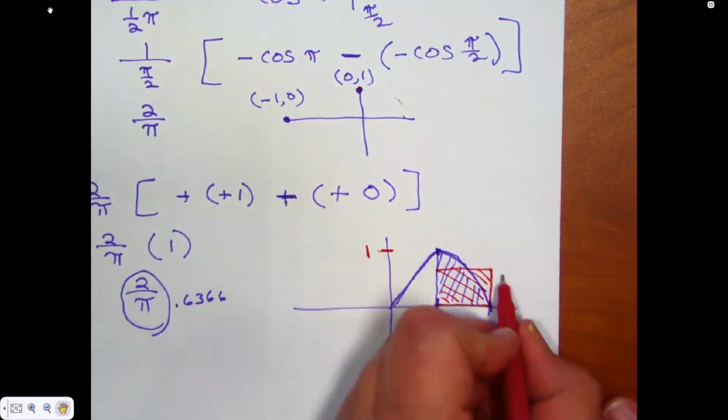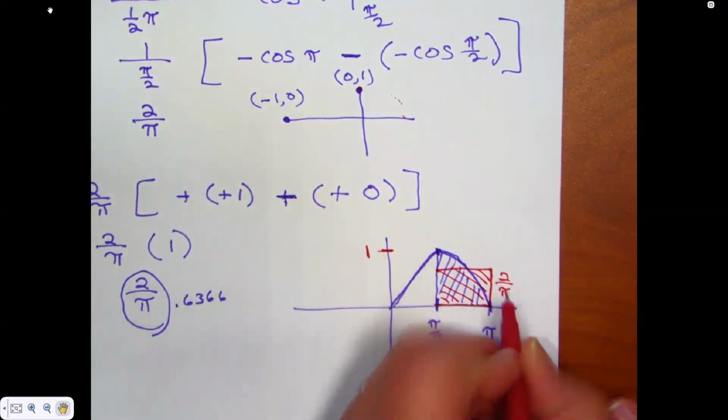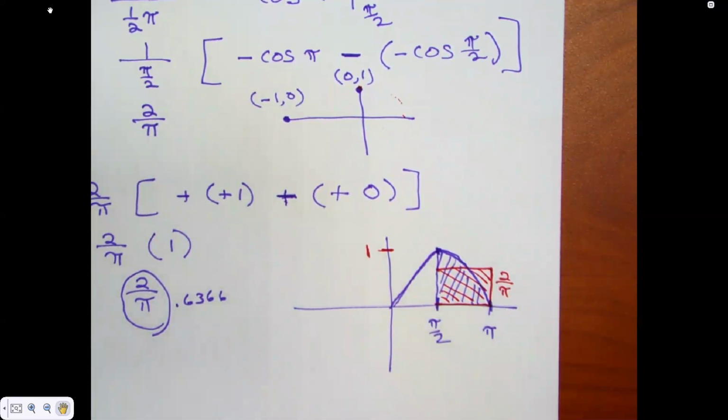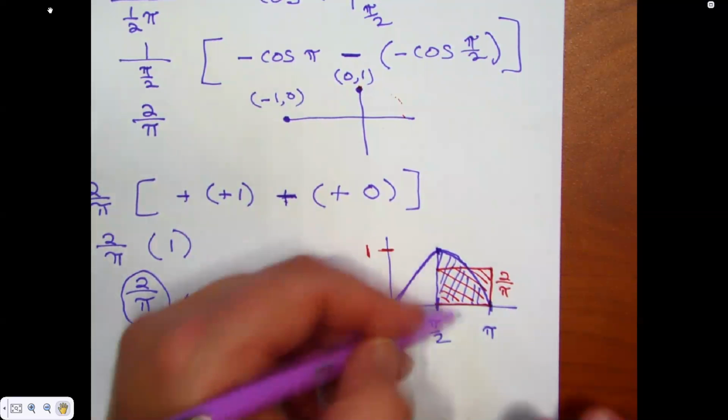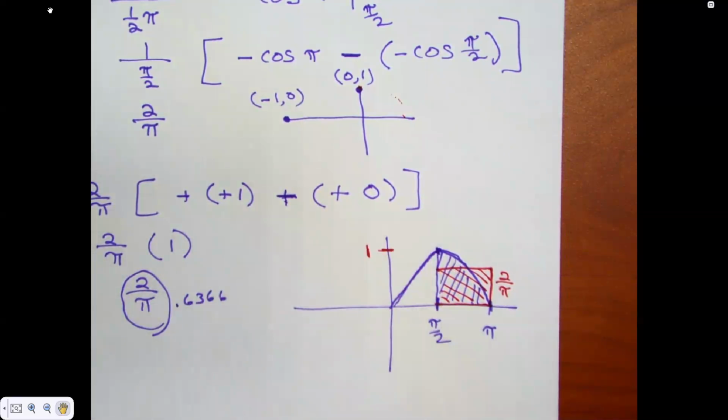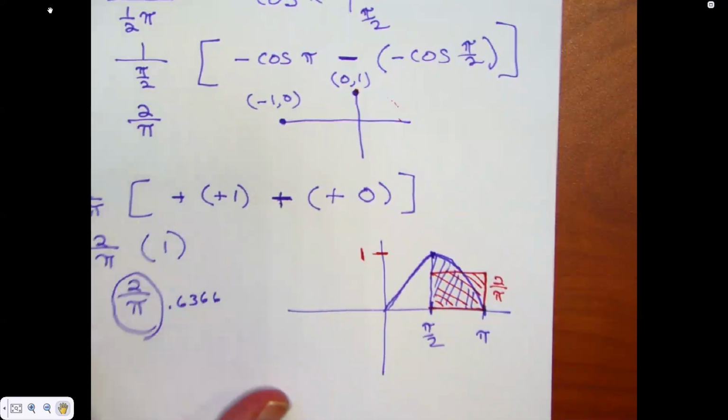Its height is 2 over pi. All right, so we're taking this area and we're trying to form it in a perfect rectangle. And this then, that's the average height, but we also consider that 2 divided by pi the average value of the function. All right. Good. Okay, so you got those.